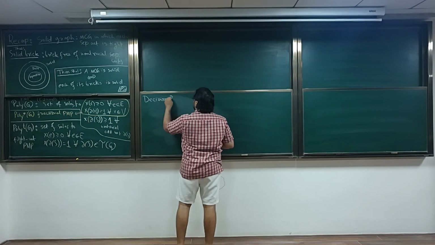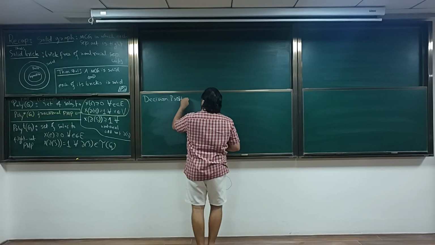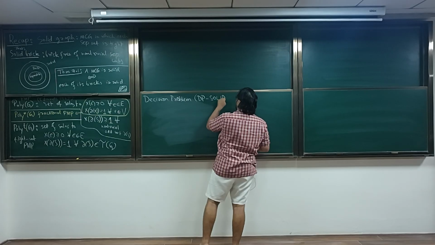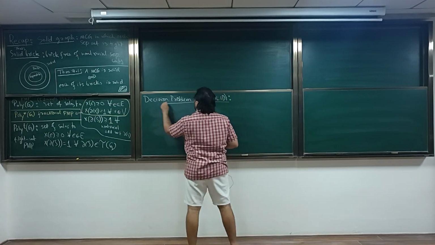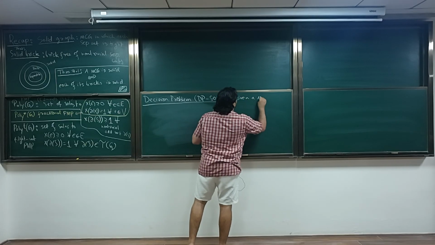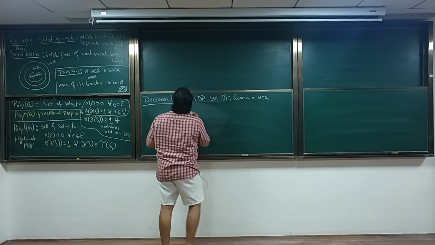And let's also talk about this decision problem, DP solid, I guess. Given a matching covered graph, decide whether it is solid.